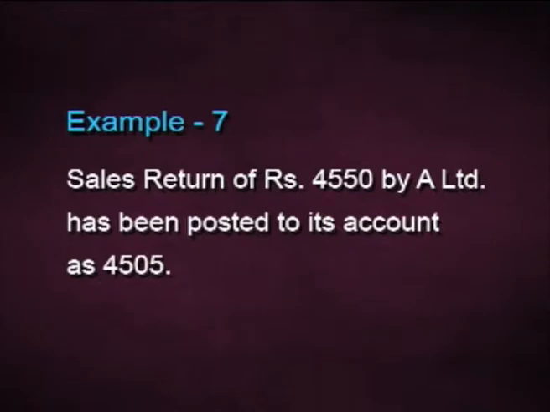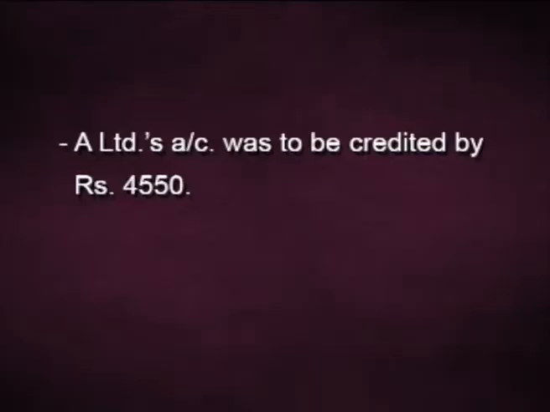Let us say sales return of rupees 4,550 by A Limited has been posted to its account as 4,505 rupees. This is an error of transposition of figures. If you closely analyze this error, you will understand that transposition errors are also as same as errors of undercasting or overcasting. I hope you understand that this being a sales return transaction, A Limited's account was to be credited by rupees 4,550.